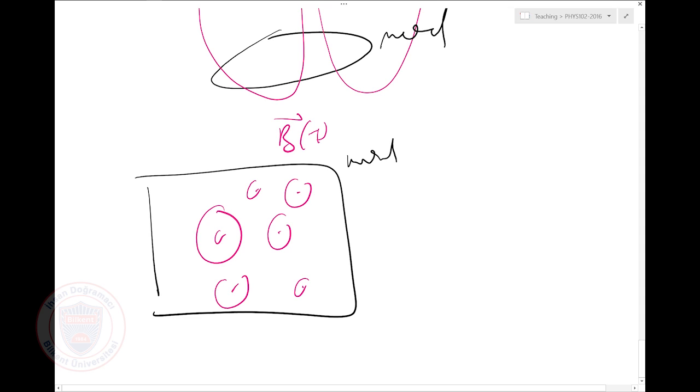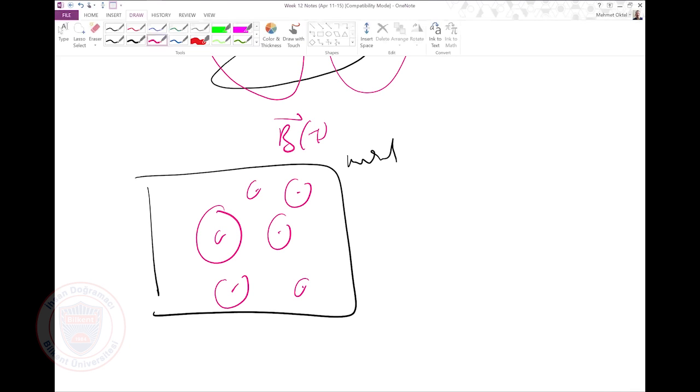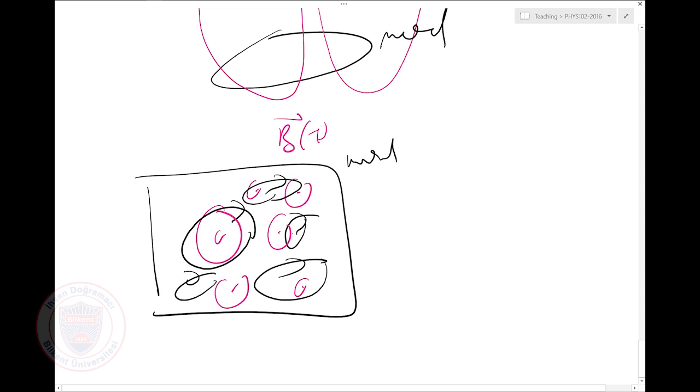Now, a metal is conducting at each point, so you can start running currents at any point of the metal. So when you expose a metal to a changing magnetic field, small loops of current will form inside your metal.